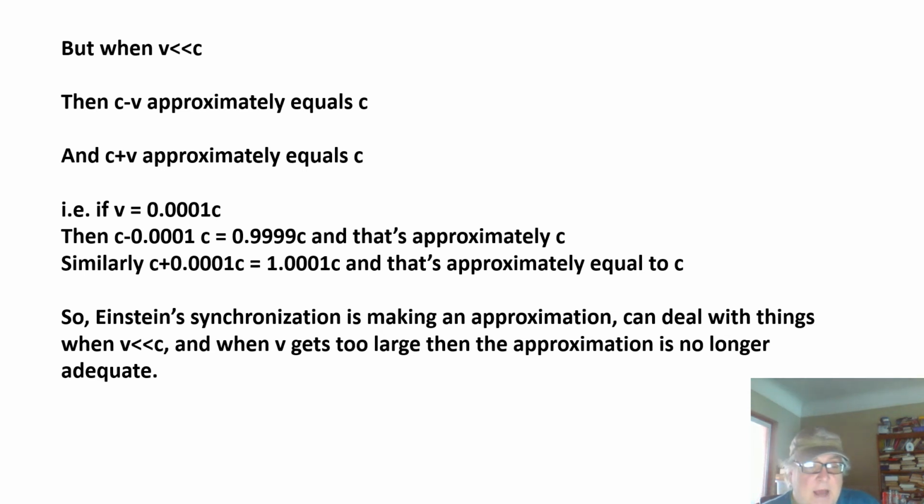Similarly, if you add 0.0001c to c, then that approximately equals c as well. So Einstein's synchronization is making an approximation and is able to deal with things when v is much less than c. But when v gets too large, the approximation is no longer adequate.